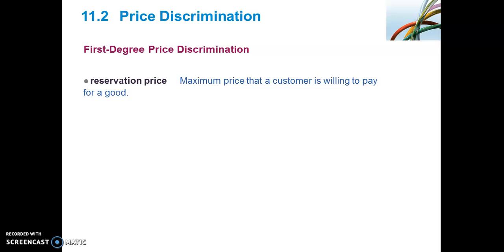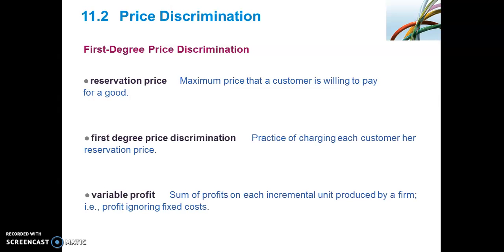What is a reservation price? A reservation price is the maximum price that a consumer is willing to pay for each unit of a good. The firm would like to charge each customer their reservation price if they could. This is what first degree price discrimination is about. It's the practice of charging each customer his or her reservation price.